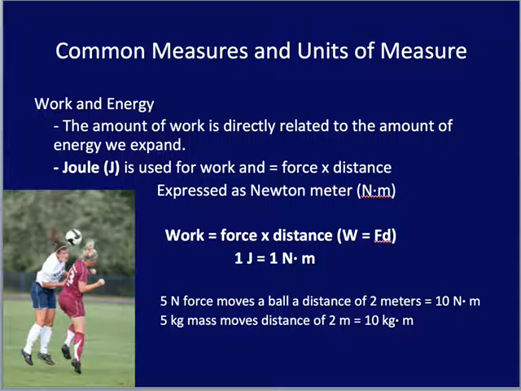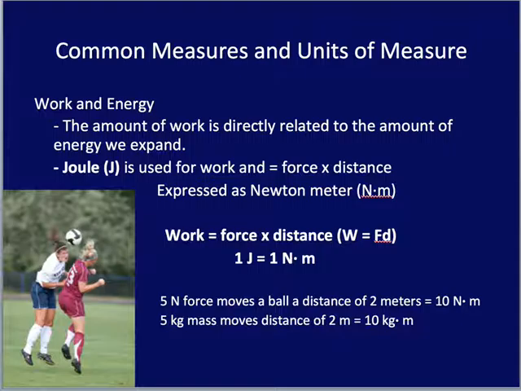So looking at work and energy, sometimes we'll use joule for the unit for work, and work is simply force times the distance. Okay, remember force equals mass times acceleration, and if you multiply the distance traveled, then you're going to get the work.